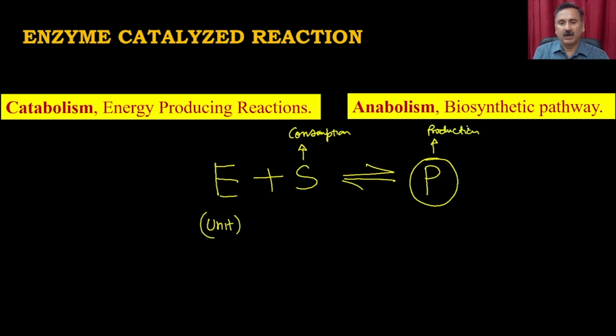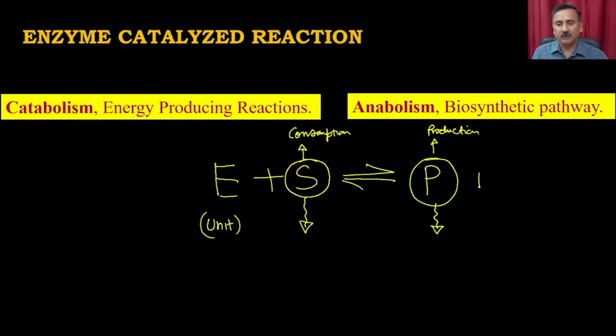To measure the substrate or the product, I could use an exclusive property associated with the substrate or with the product. In many cases, we can see the disappearance of the substrate. In some cases, you can see the appearance of the product.